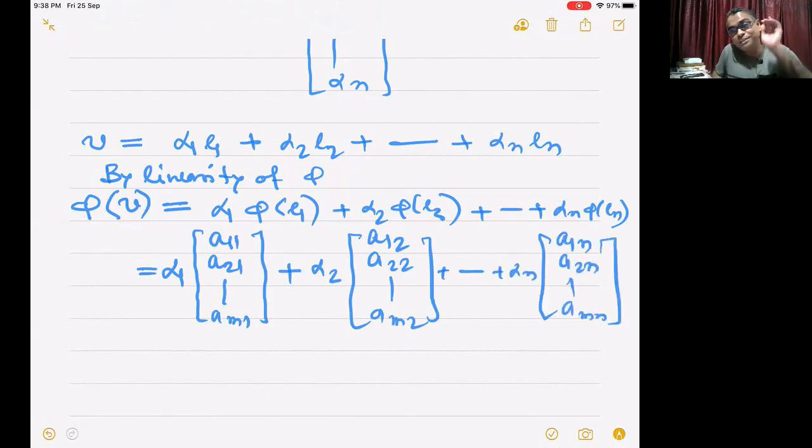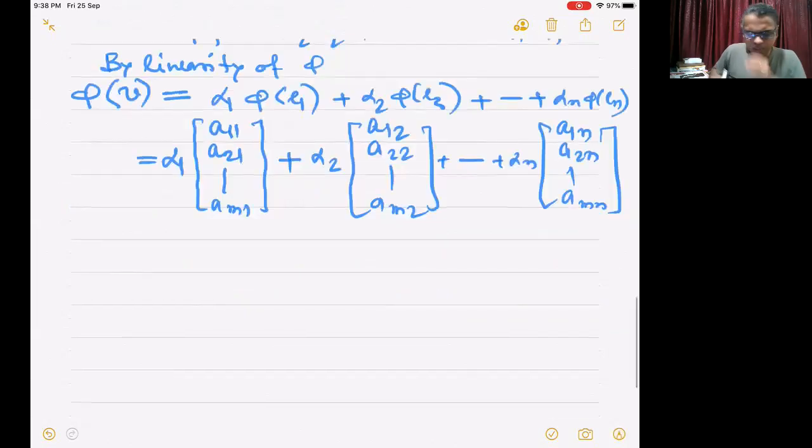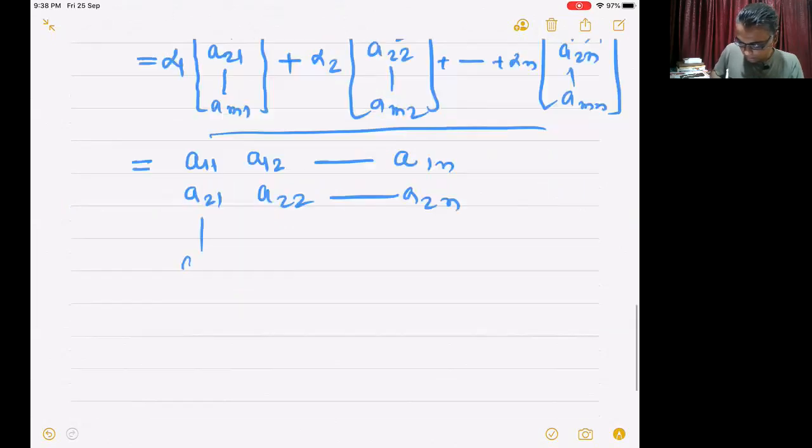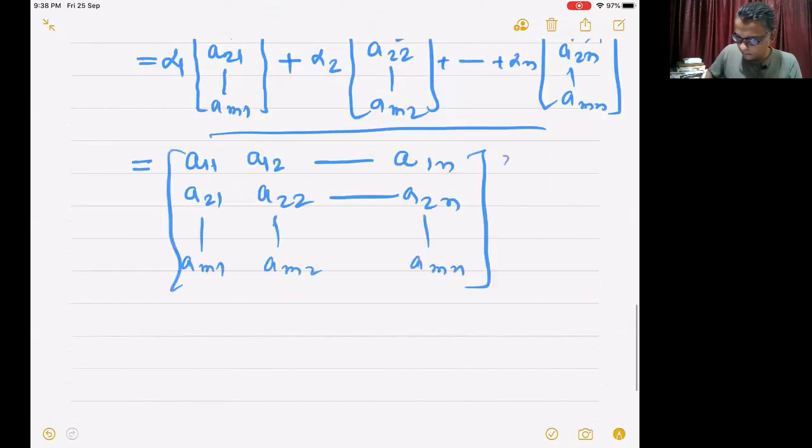Now go back to that very old observation that we made at the very beginning of this course. This linear combination of columns can actually be written as the matrix with rows A11, A12, so on up to A1n, A21, A22, up to A2n, down to AM1, AM2, AMN, multiplying the column vector alpha 1, alpha 2 to alpha n.